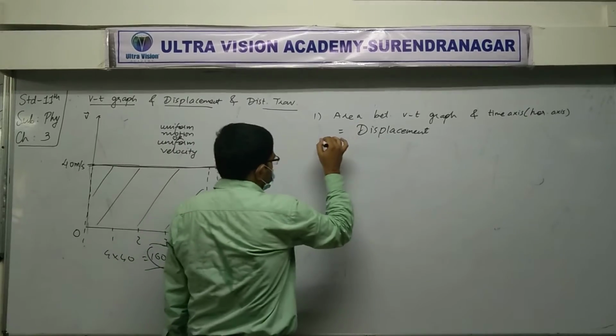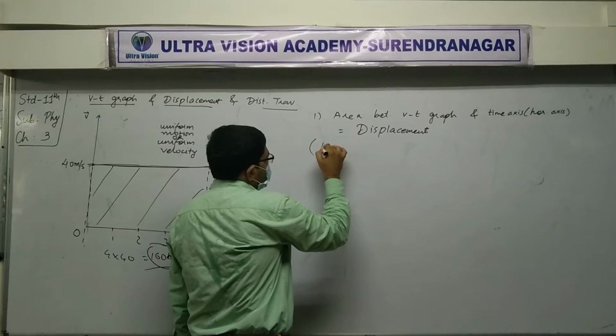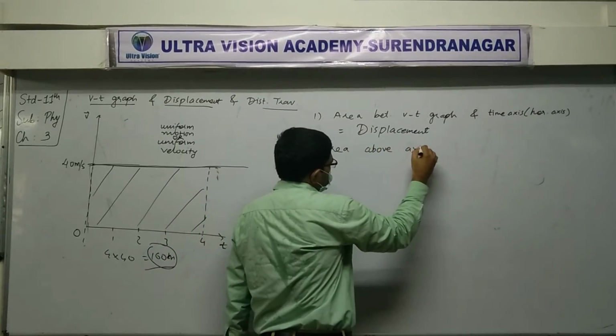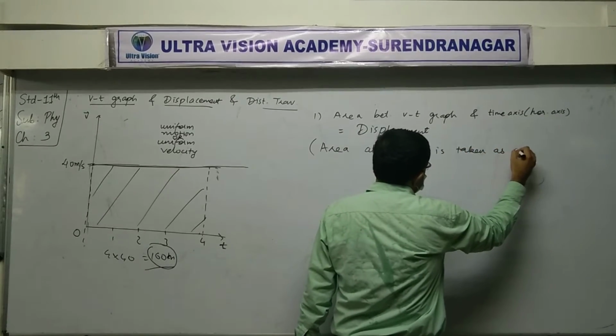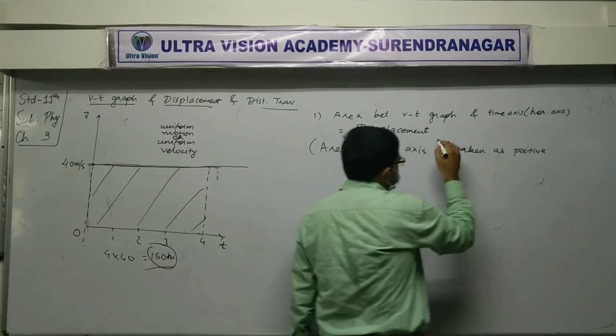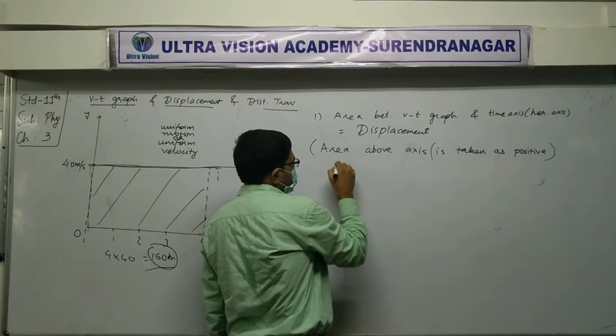But there is something to add here in brackets. Area above the axis is taken as positive, or instead of this whole thing you can just write is added.